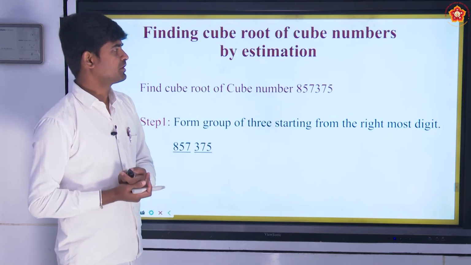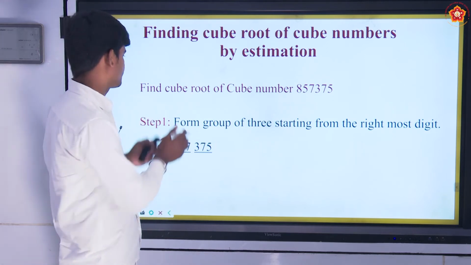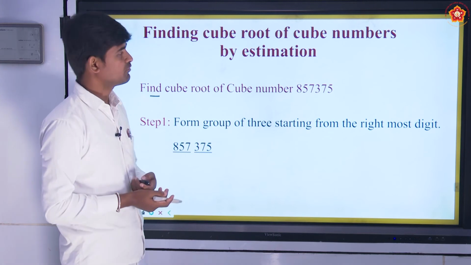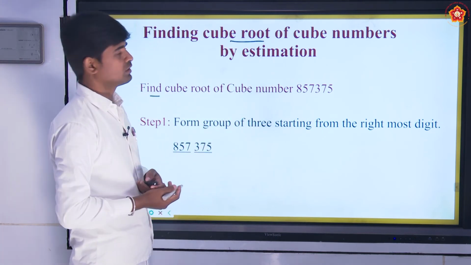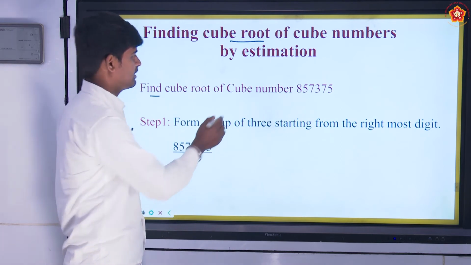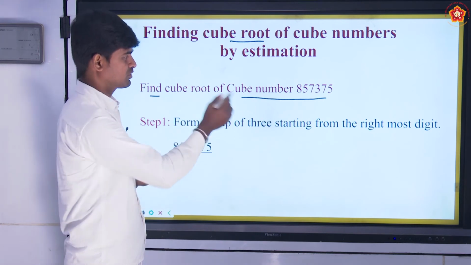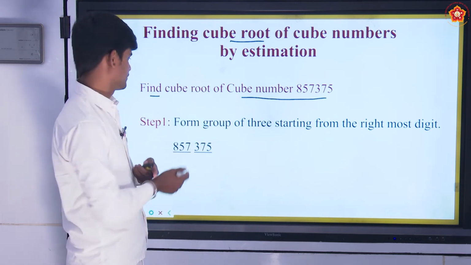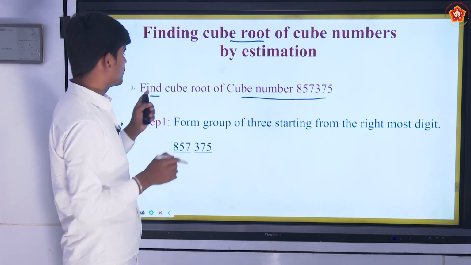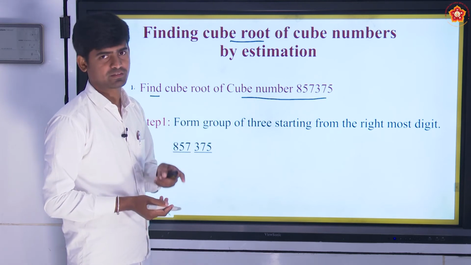Finding the cube root of a cube number by estimation method. By estimation, we have to find the cube root of perfect cube numbers. First question: find the cube root of the cube number 857375.